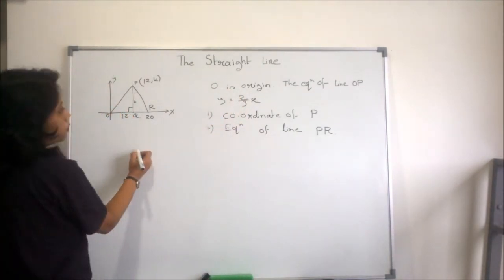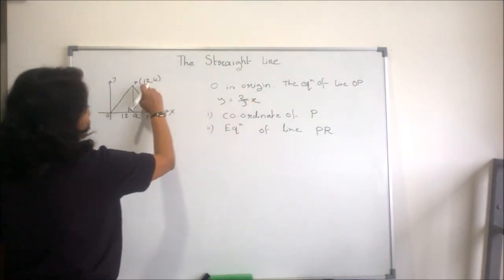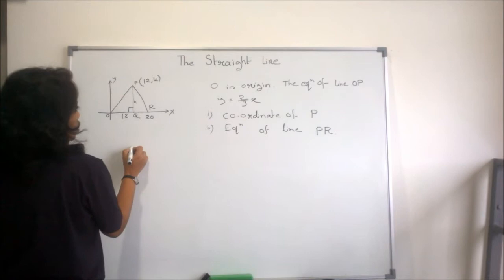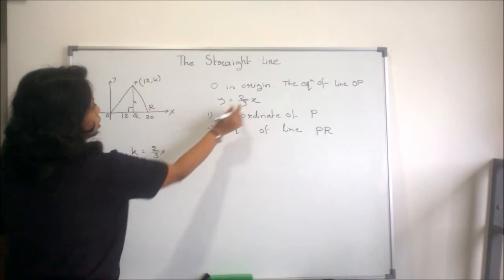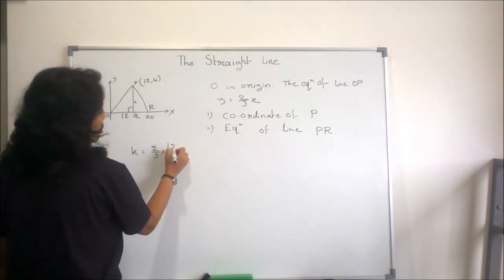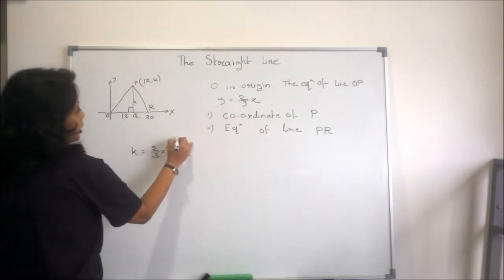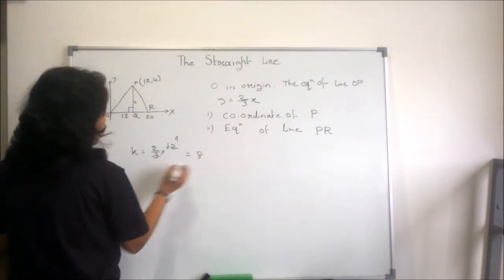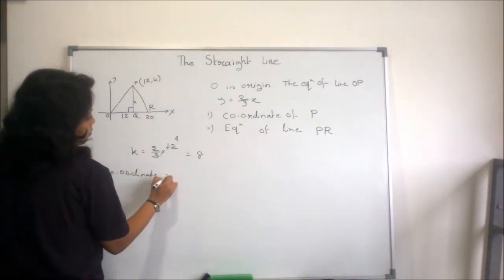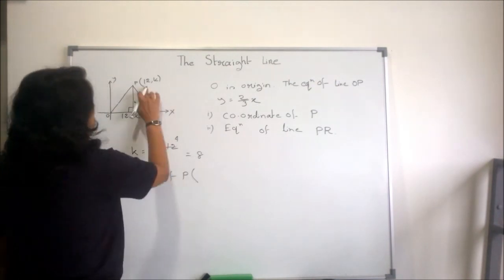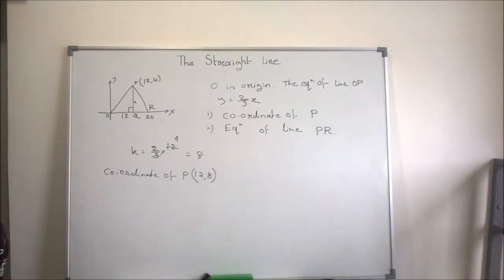So here if we put in place of y, k, and in place of x, 12, this becomes k is equal to 2/3 into 12. So 12 divided by 3 is 4, so this is 8. So the coordinate of P, (12, k), becomes (12, 8). Okay, hope you understand.